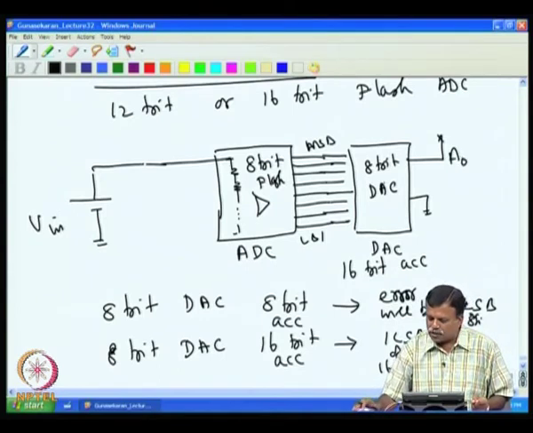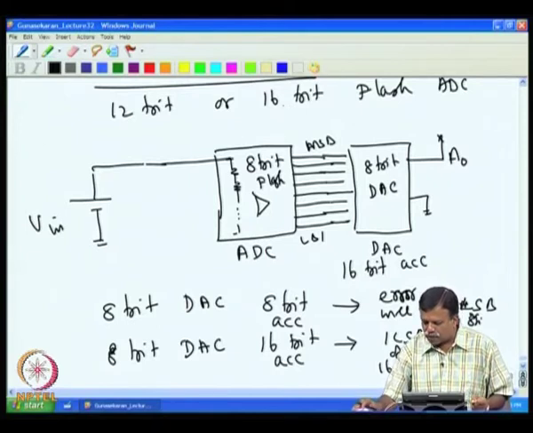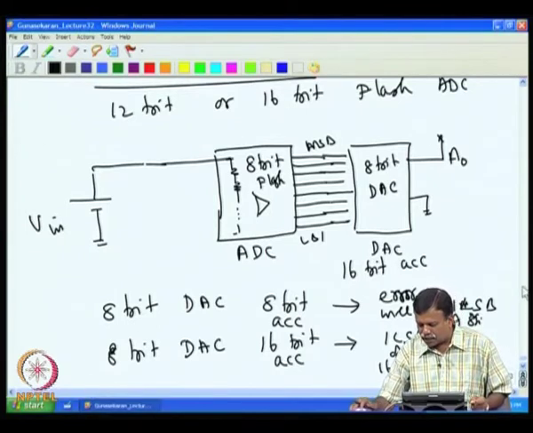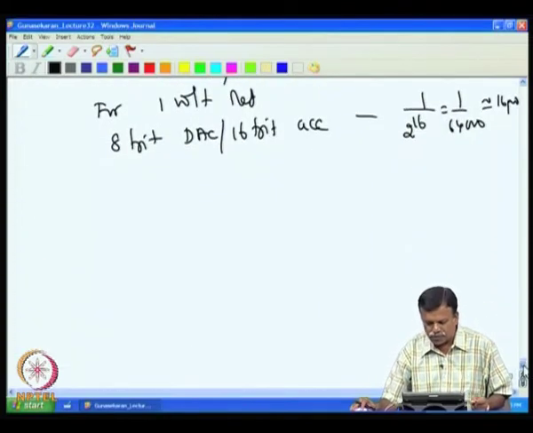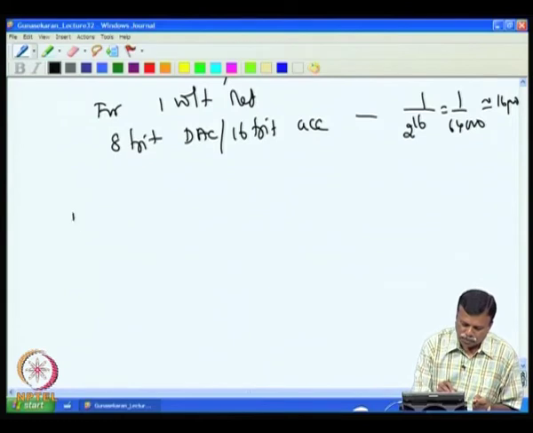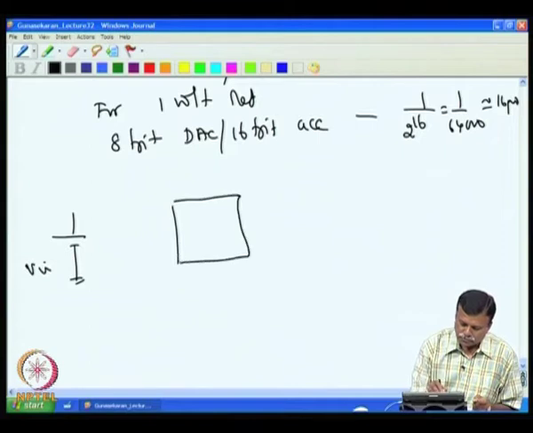Now, this very accurate analog output can be subtracted from the input, and then we can make another 8 bit converter. I will show you the figure in the following page. So, you have the input voltage V input, and I have a V reference here.